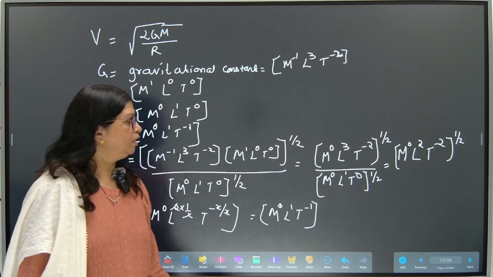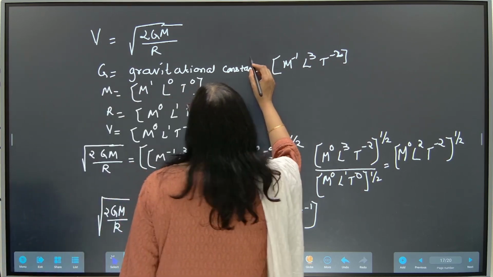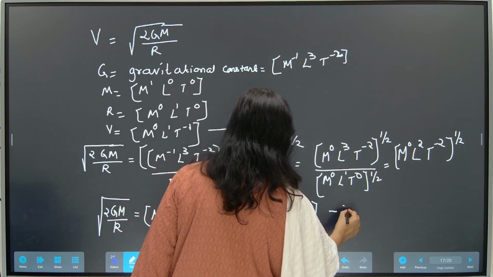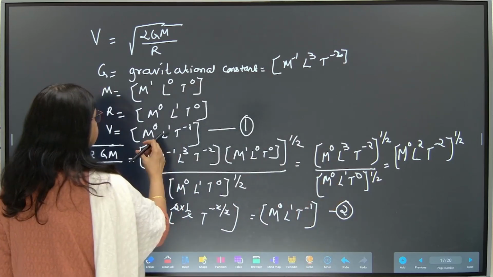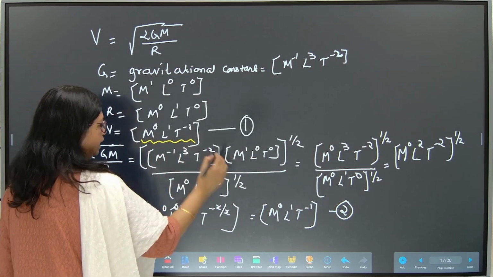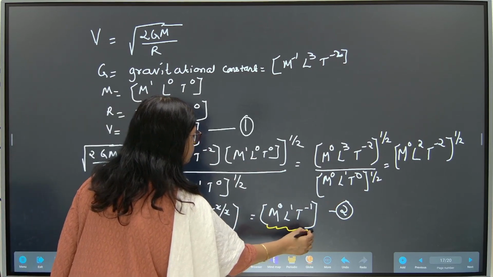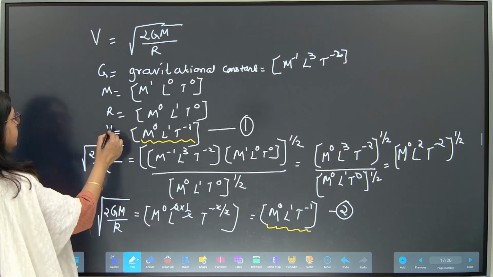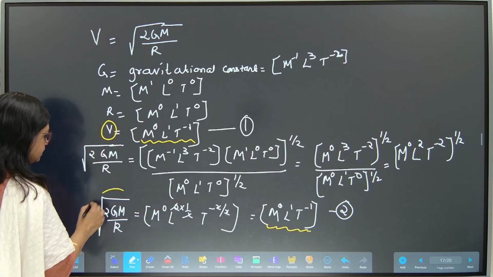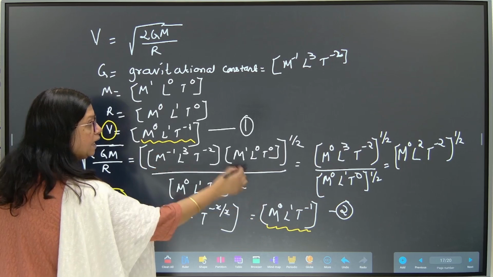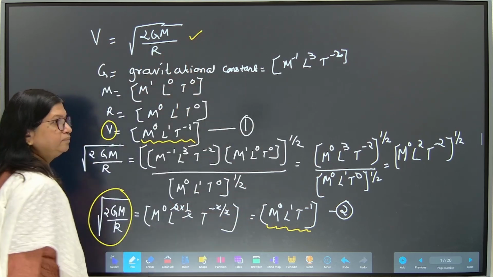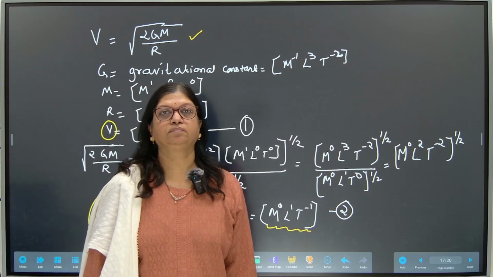Is it clear? Which is exactly the same as that of the velocity. See, this expression is the same as this expression. So, is this equation correct? This expression has the same dimensional formula as this expression. So, is this equation correct? Yes. Understood?